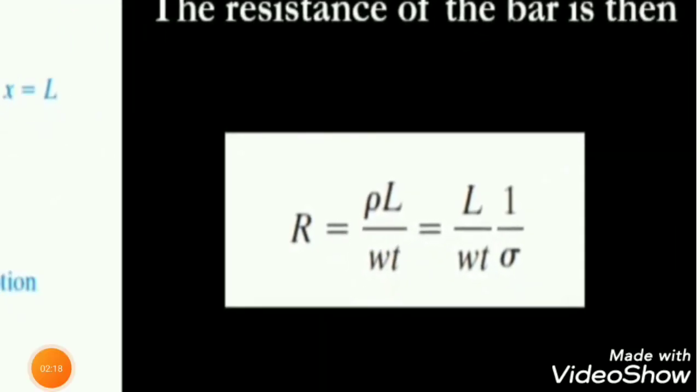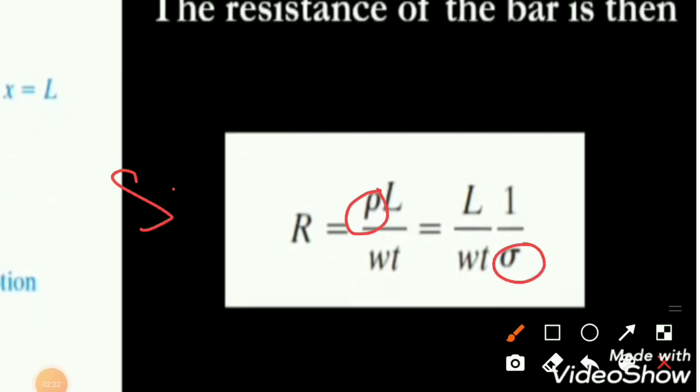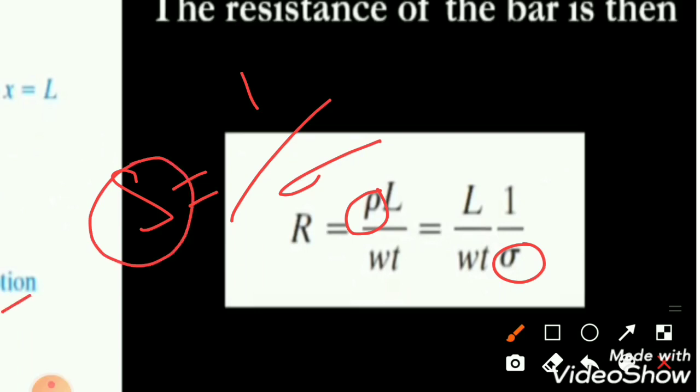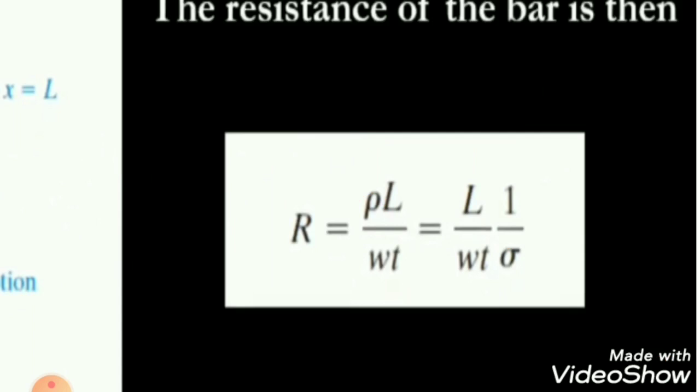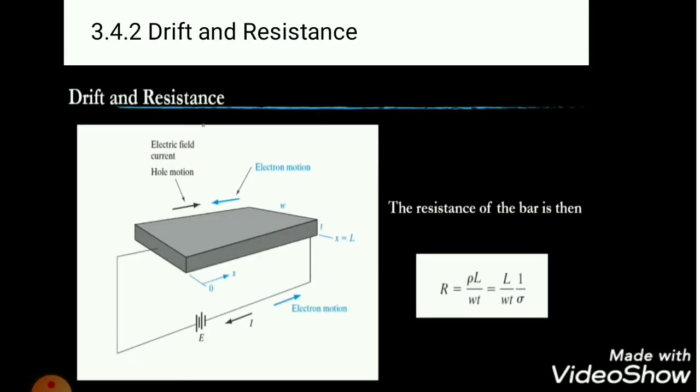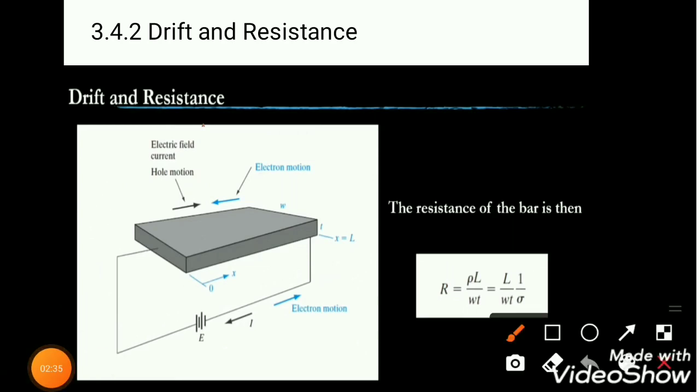Again, this resistivity can be written in terms of conductivity. So resistivity is nothing but 1 by conductivity. Resistivity unit is ohm, conductivity unit is mho. So we can replace that resistivity with the mobility. So this is the resistance offered for this particular semiconductor material.